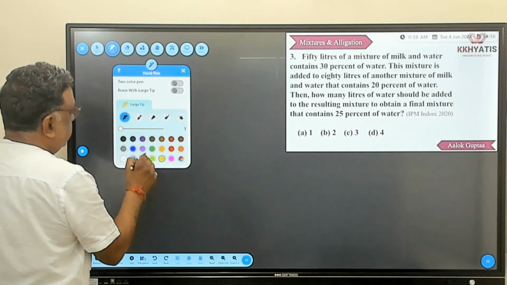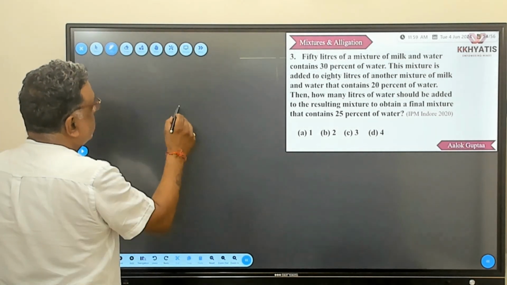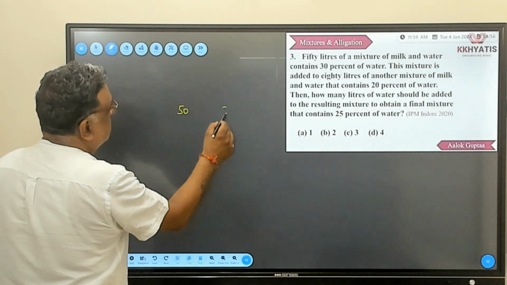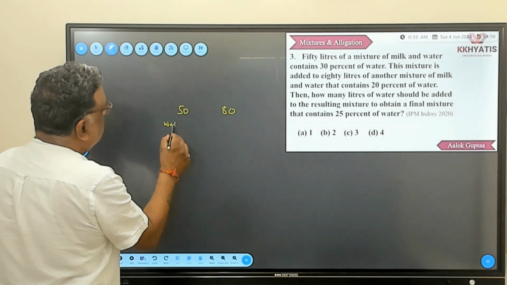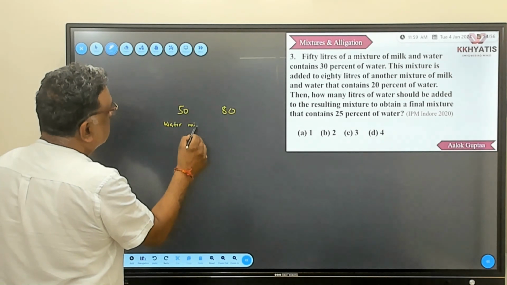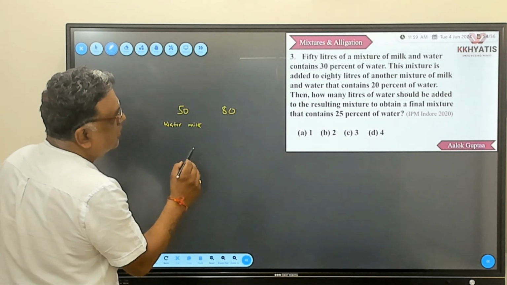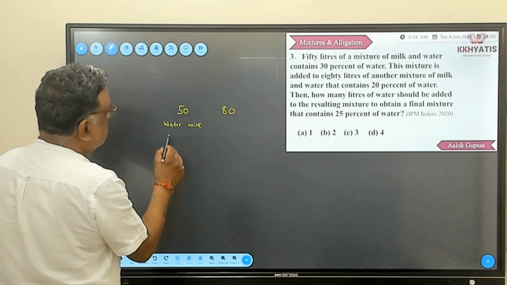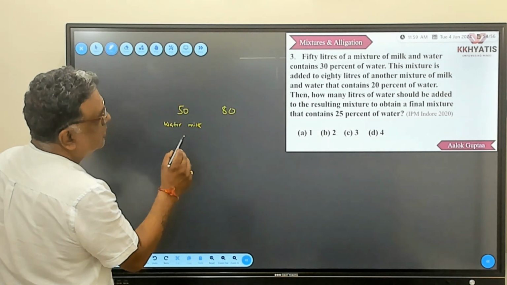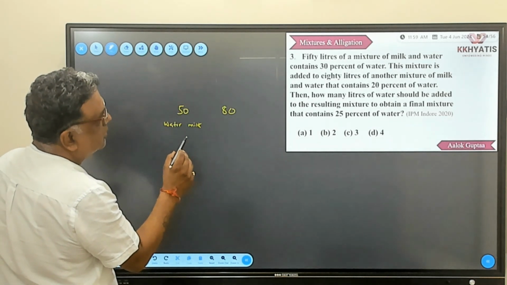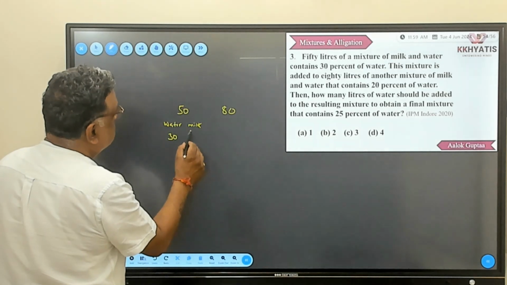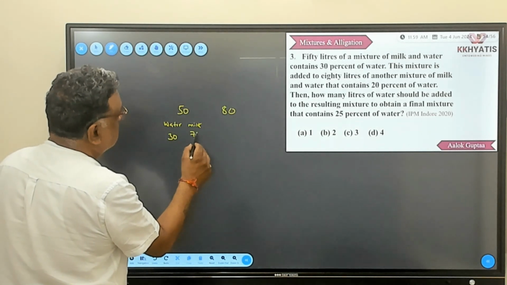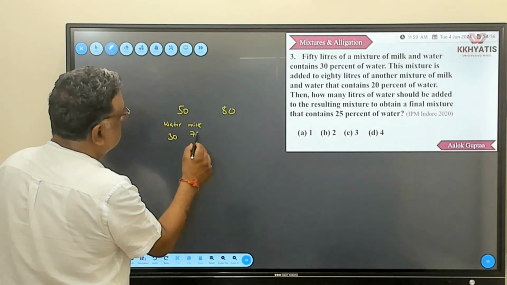So we have 50 liters, here we have 80 liters, here we have water and milk. It contains 30% of water. So 30, and this would be 70.